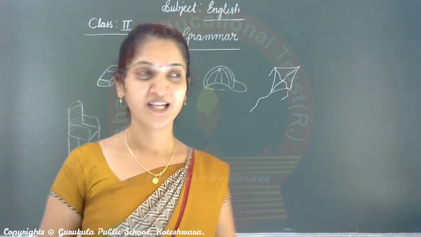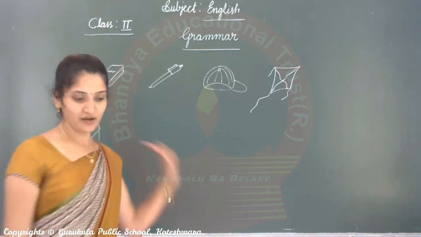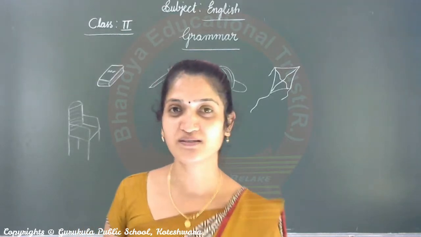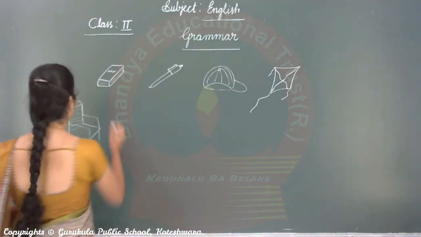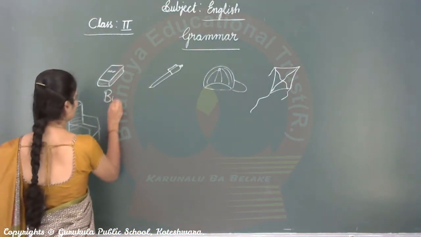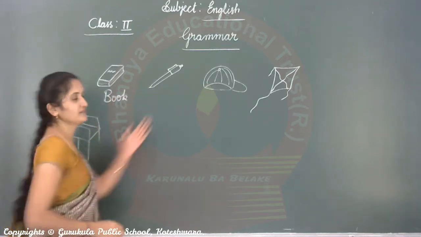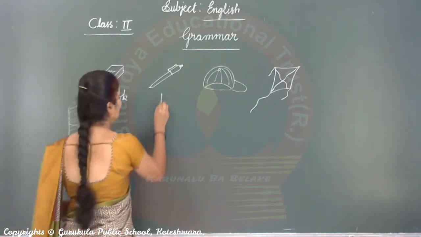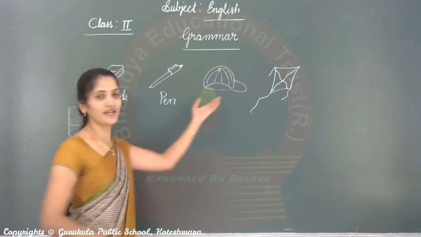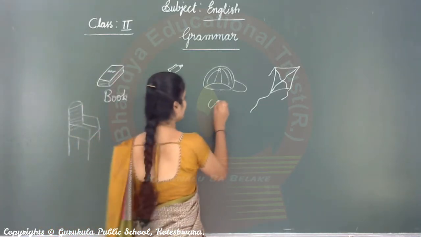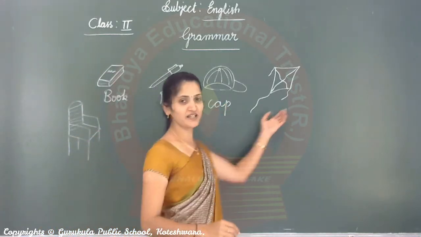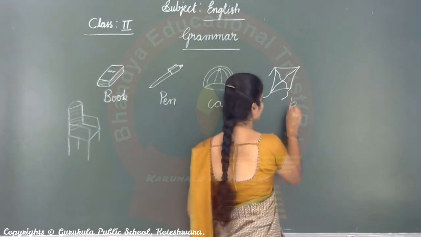Why did I draw all these pictures on the board? Can you see? Yes. First I write these names below each picture. What is this? Book. Then this one, pen. Next, cat. Next, kite.